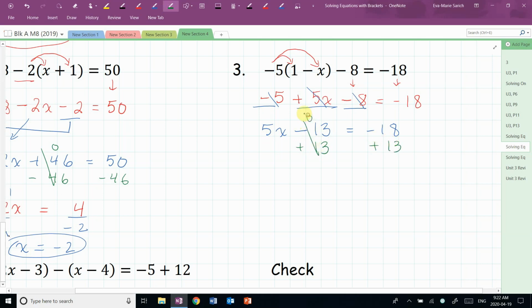This becomes a 0. Let's copy down what's left. On the left side, 5x. On the right, cold 18, hot 13. Okay? So now cold is going to get warmed up by 13. We've got more cold, so our answer is going to be cold. And we get, in fact, -5.